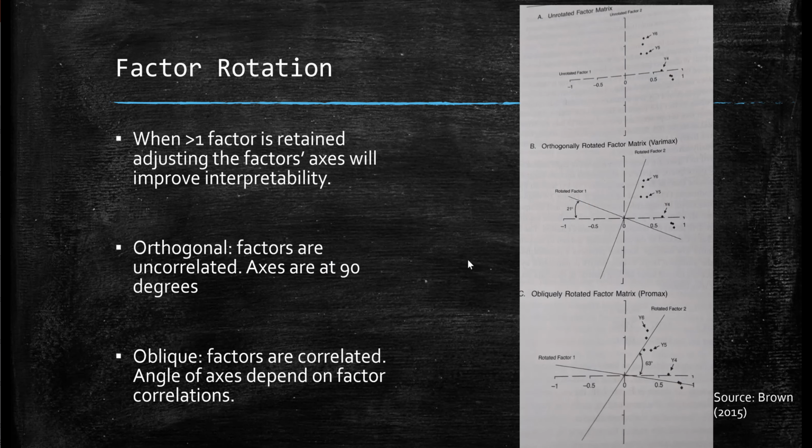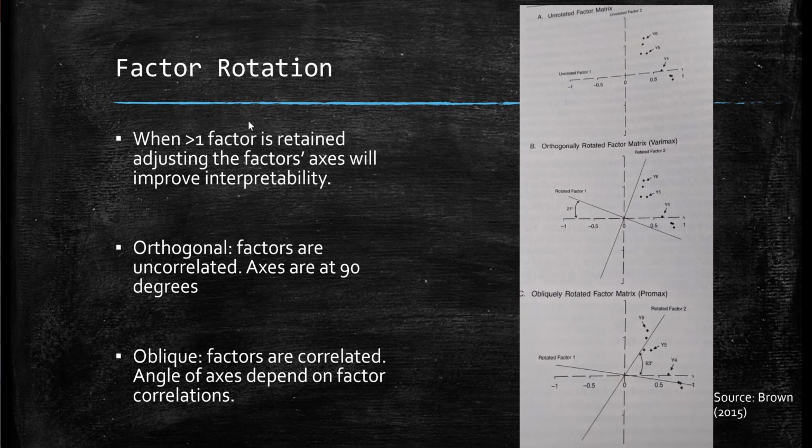So once you determine the number of factors that you want to retain, it's often desirable to rotate the axes. You don't literally have to do this. The computer does this for you. When there's only one factor, so when there's a one factor solution, it doesn't make sense to do this.